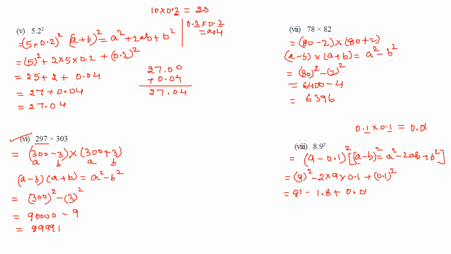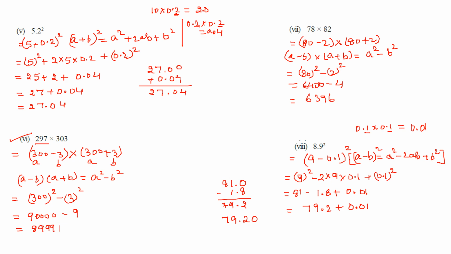Okay. Now 81 minus 1.8. So 81 I can write as 81.0. Subtract 1.8 from that. So you will get 79.2. And then 79.2 plus 0.01. So 79.20 I can write.